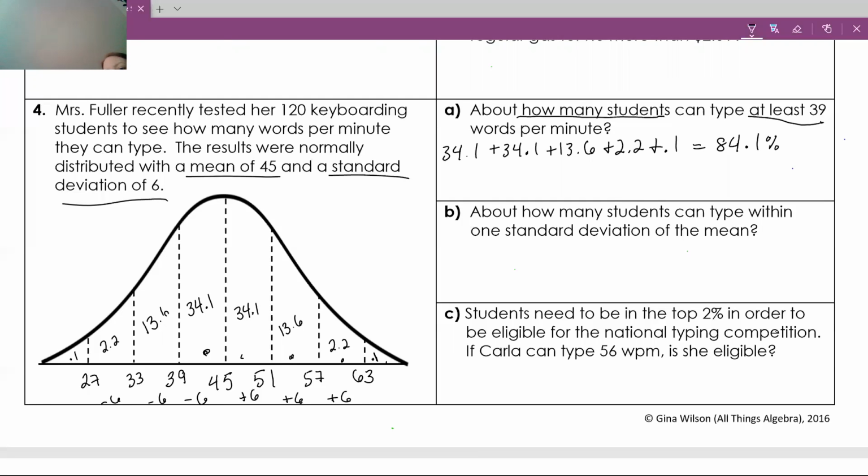So I'm not going to stop at my percent. I'm going to change it to a decimal, 0.841, and multiply by the number of students. 0.841 times 120 is 100.92 students. Now remember we round, and we're always going to round down and say about. So about 100 students.